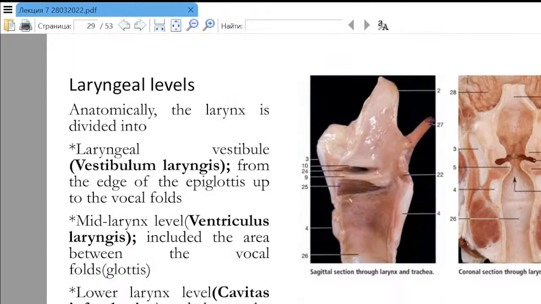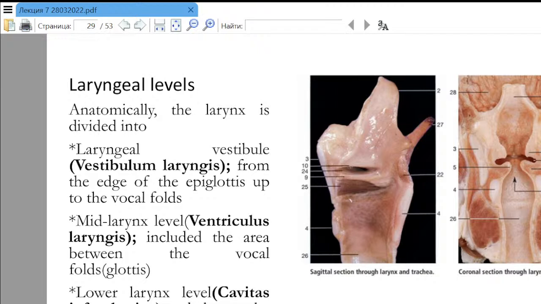Laryngeal levels. Anatomically, the larynx is divided into the laryngeal vestibulum, vestibulum laryngis, from the edge of the epiglottis up to the vocal fold.